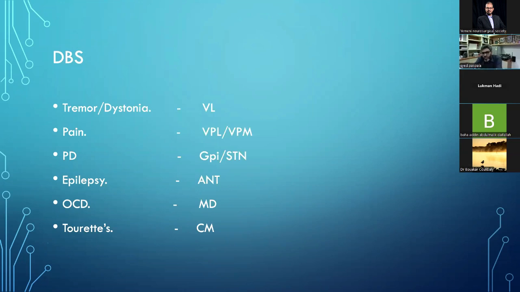And in Parkinson's disease, GPI is important, and STN is also important. And in epilepsy patients, the anterior nuclear group is important. And in OCD and resistant depression, the medial dorsal nucleus is important. And in Tourette's, the centromedian nucleus is important.